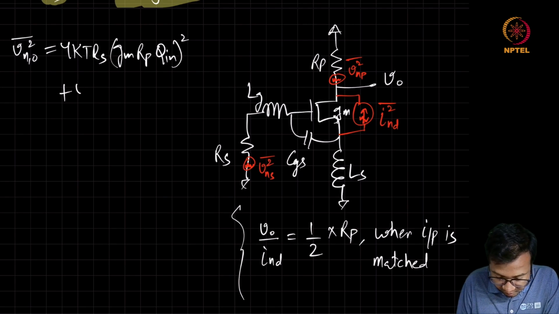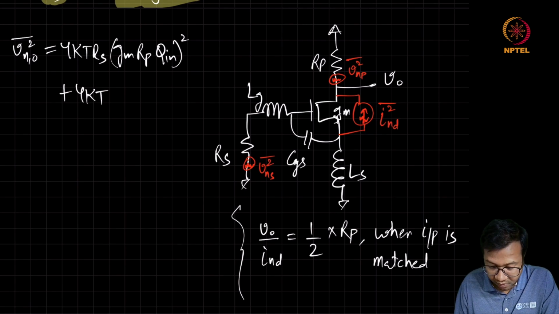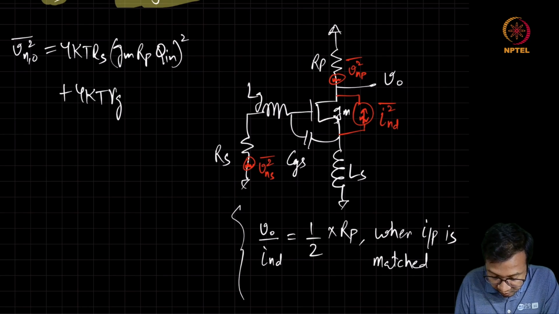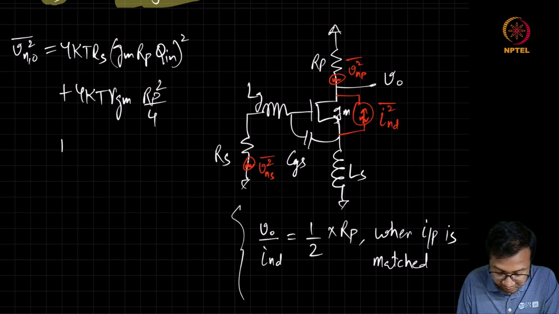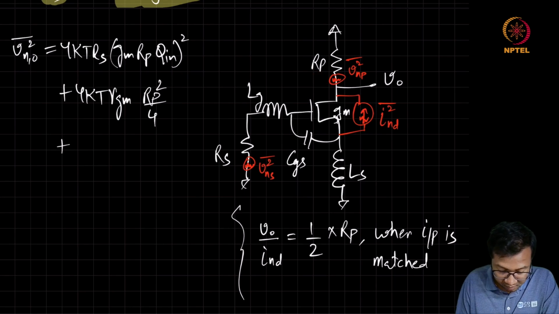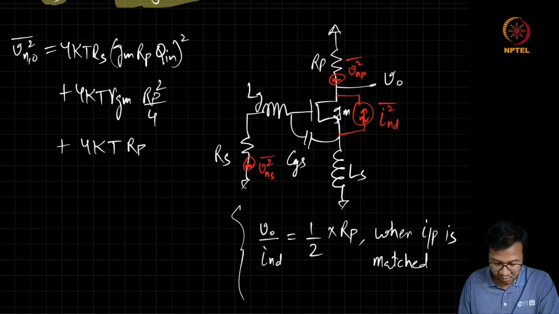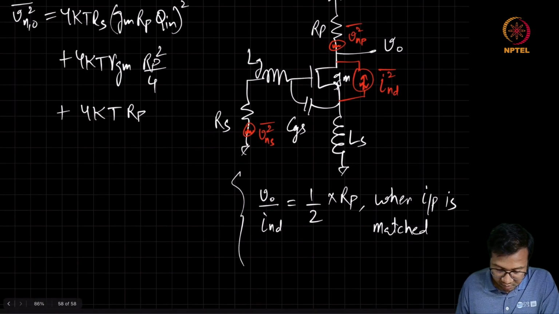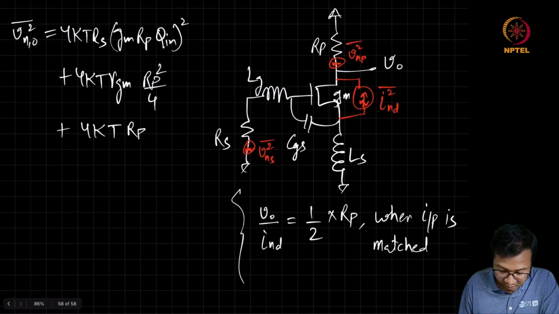So the noise due to IND at the output will be 4 kT gamma GM multiplied by RP square by 4, plus the noise due to RP, which will come as it is, 4 kT RP. So now we should be able to find the noise factor.